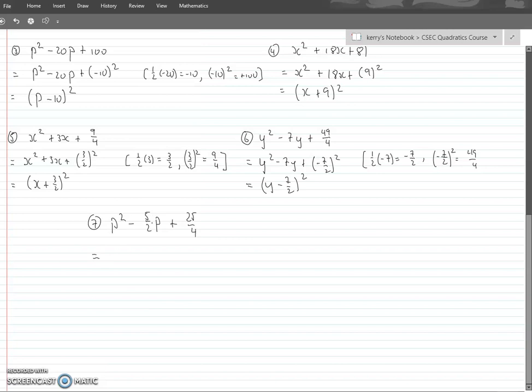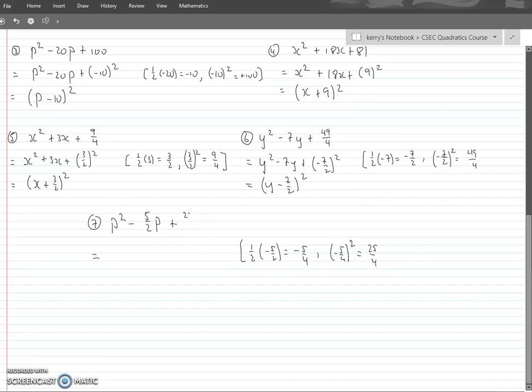So this is the process. You take b and you find a half of it. A half of b is a half of minus 5 on 2, which will give me minus 5 on 4. And then you find minus 5 on 4 squared, which is minus 5 on 4 by minus 5 on 4, which is positive 25 on 4, which is this number here.